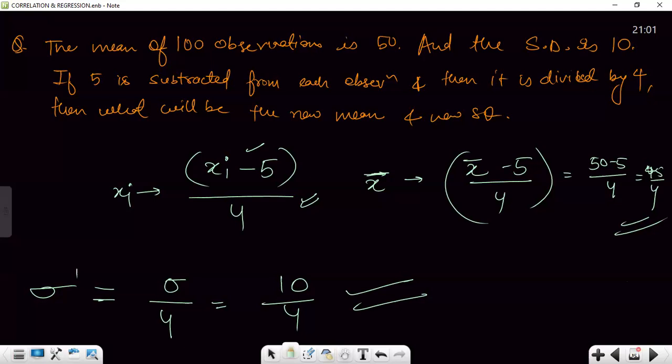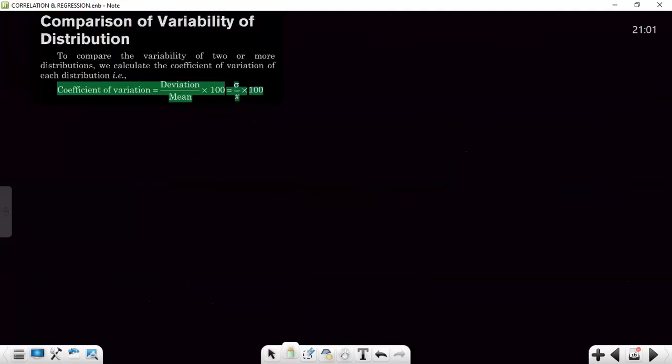Let's now move ahead and discuss the next topic, comparison of variability of distribution. Here we talk about the coefficient of variation, which is deviation divided by mean. By deviation we mean standard deviation. So sigma by x bar into 100 percent is the coefficient of variation.